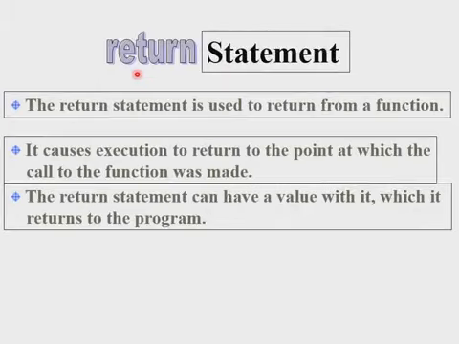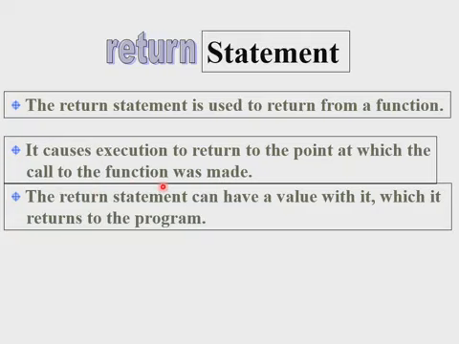So let's see what a return statement is. The return statement is used to return values from the function, or to return the execution to the originally called function. It causes the execution to return to the point at which the call to the function was made.